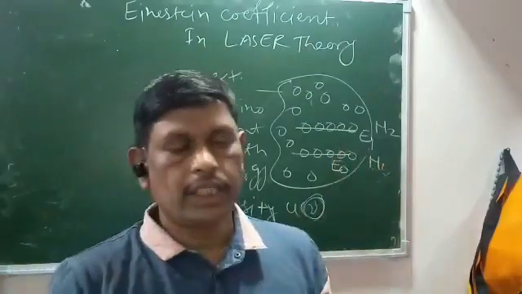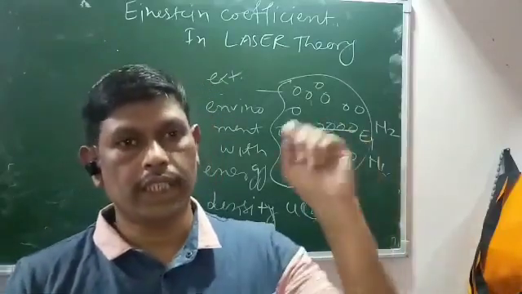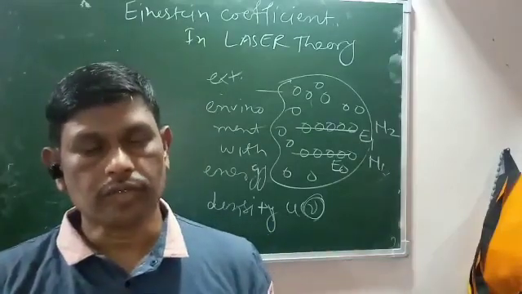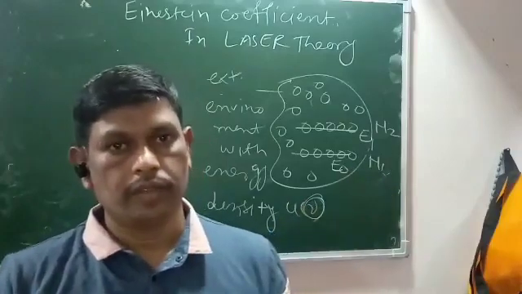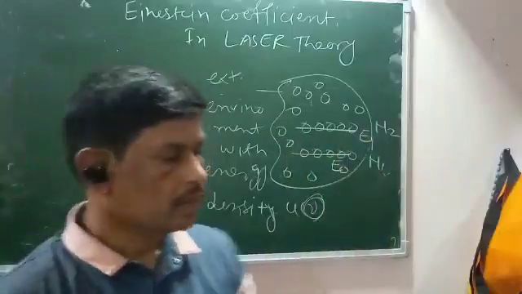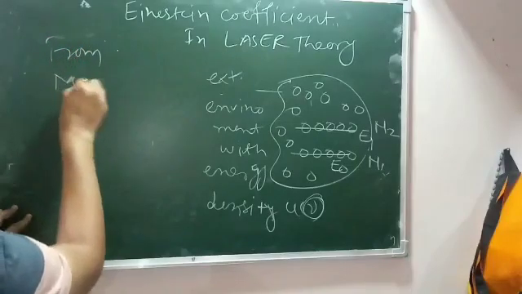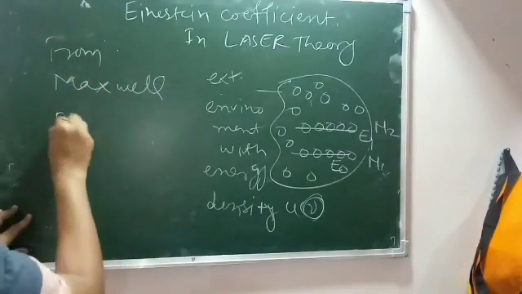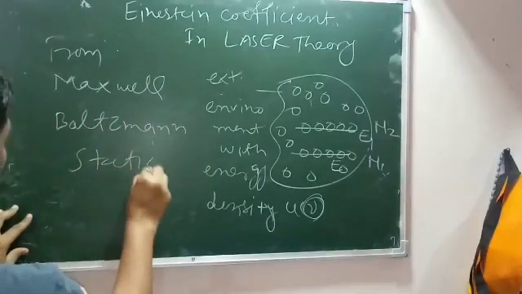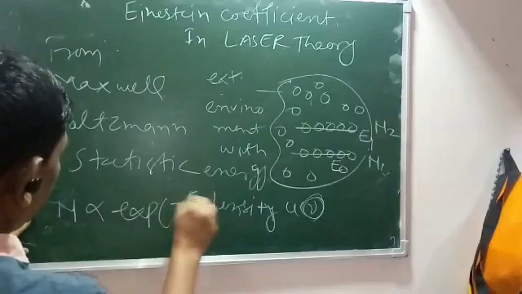In this section, the rate of spontaneous emission, the rate of stimulated emission and the rate of absorption will be discussed, because we cannot count the number of particles in the whole system. From the Maxwell-Boltzmann statistics we can write n proportional to exponential of minus E by kT.